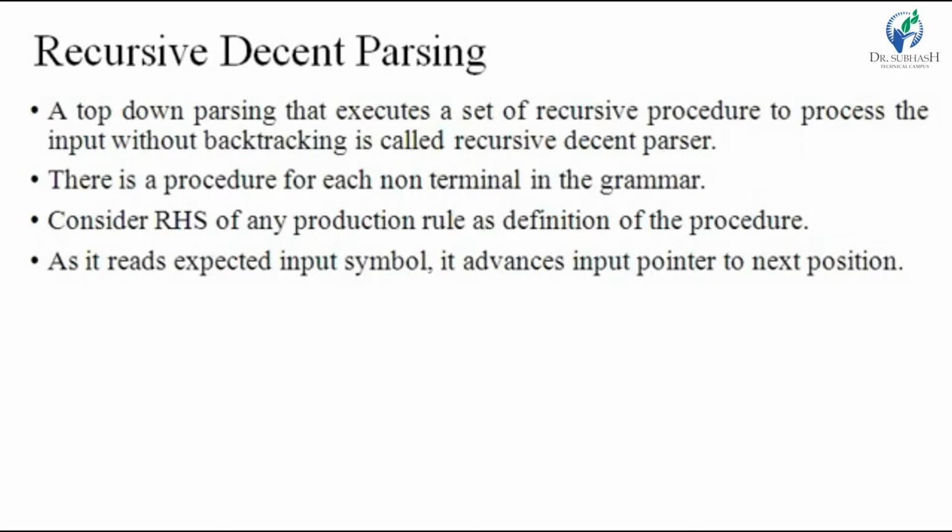For example, if E gives T followed by plus T star, then T gives V followed by star V star, and V gives ID. Then the first procedure, procedure E, has a tree root, and variables A and B, which are pointers to tree nodes. Then begin with the root.